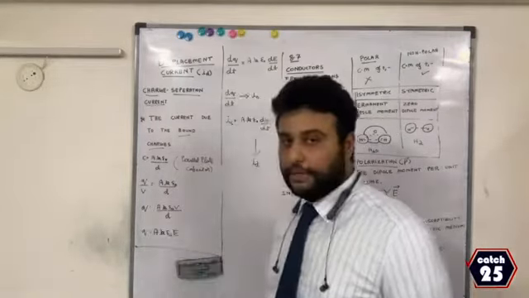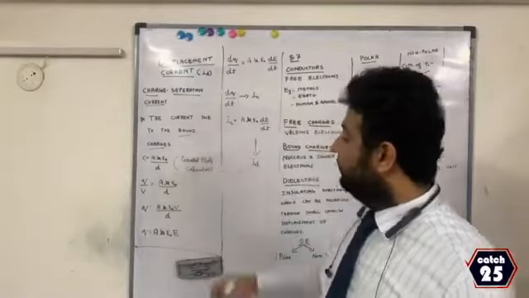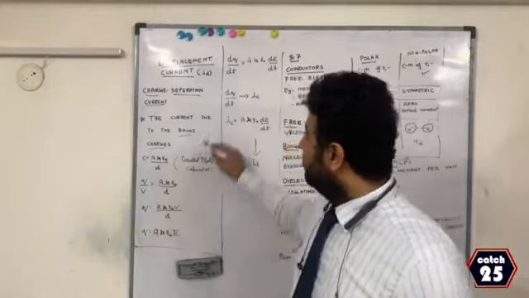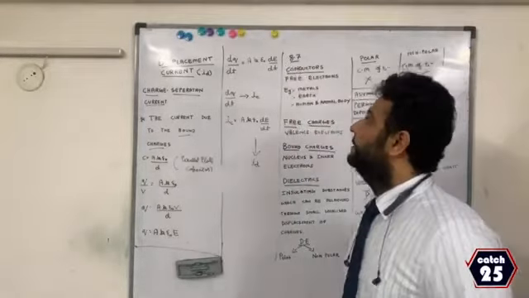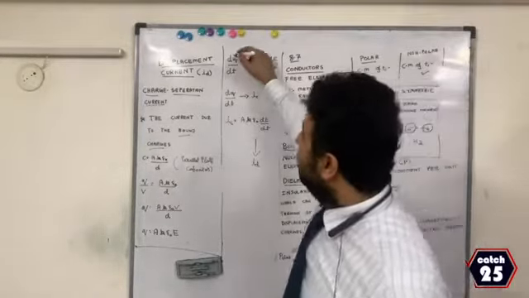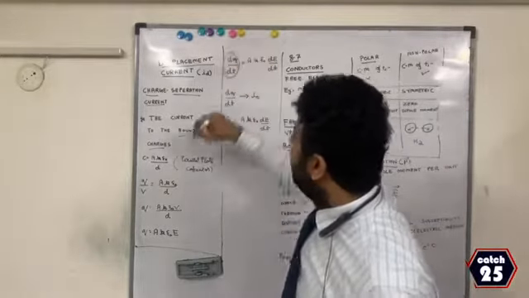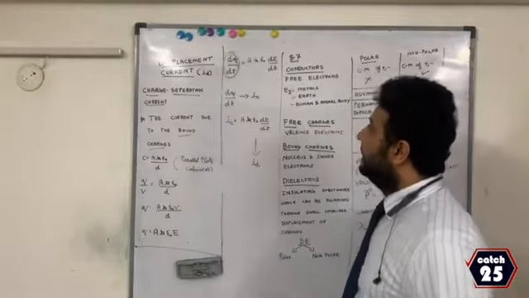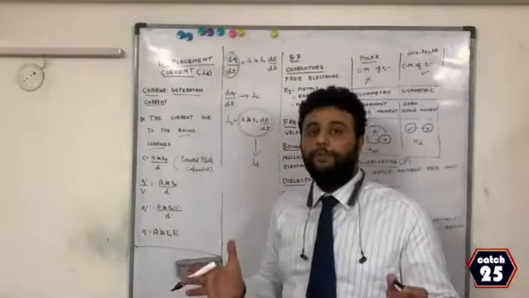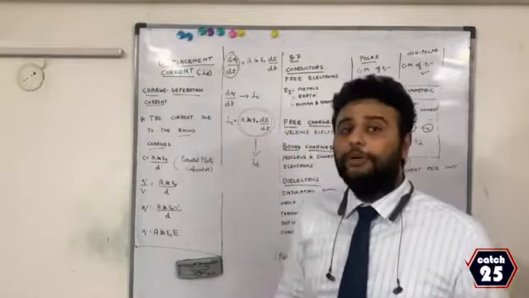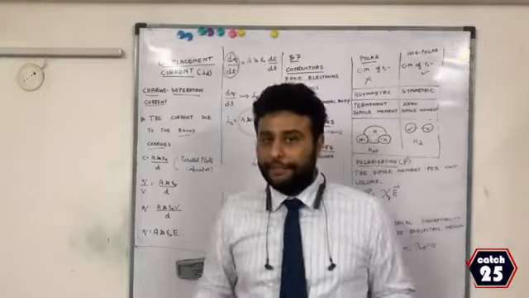Differentiate both sides with respect to time. Therefore, Q will become dQ by dt equal to AK epsilon naught, a constant for a given capacitor, into dE by dt. Therefore, this particular quantity is called conducting current, and this particular quantity is called displacement current. Both should be equal because the dimensions should match. In any equation, LHS and RHS dimensions should match.